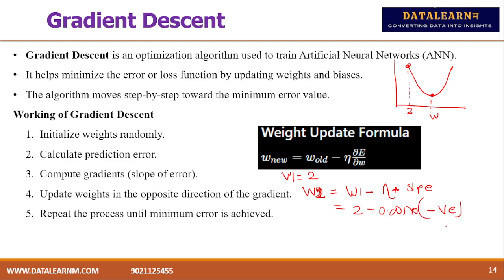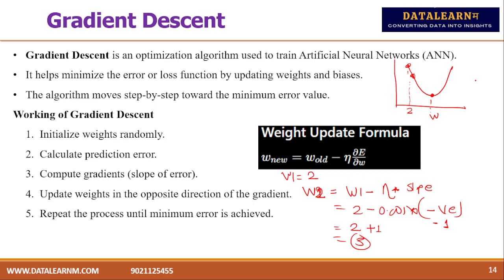The slope value is negative. Suppose I just got -1, correct? So 2 minus of -1, that is +1, you will get 3. So W2 will be 3. So we will get the next value of W2, that is 3, on the right side. Is it okay? Yes, sir.